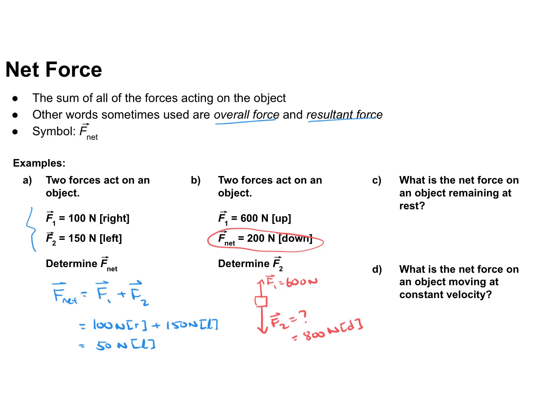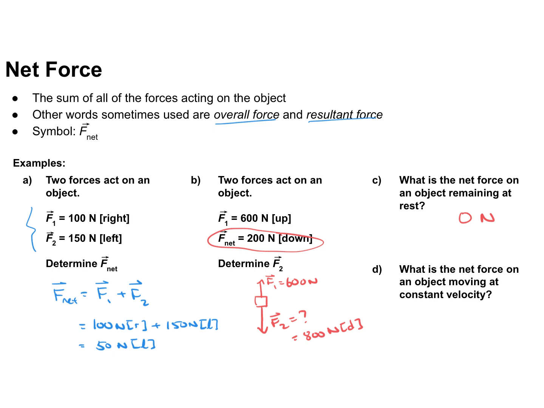What is the net force on an object remaining at rest? If an object is not moving at all, one of Newton's laws says that the net force will have to be 0. Everything has to be perfectly balanced. There could be no leftover force. Otherwise, the object will not stay at rest anymore.